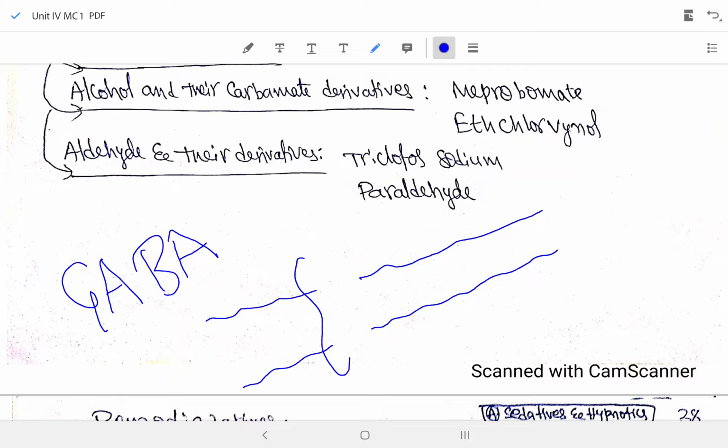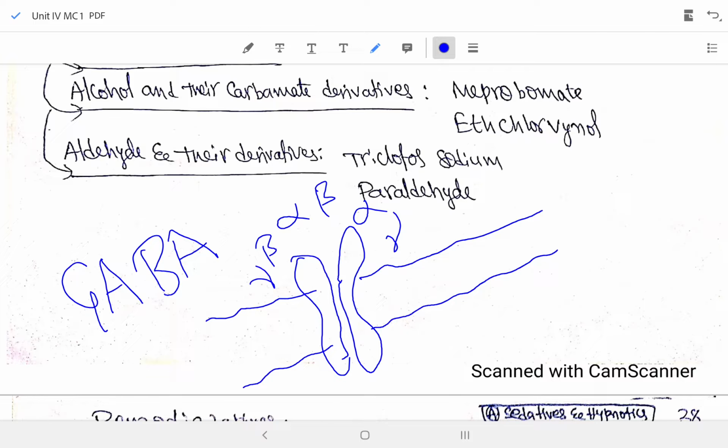And the receptor looks like this, and it will have subunits: alpha subunit, beta subunit, again a repeated alpha subunit and beta subunit. There is also a gamma subunit. The receptor subunits: alpha, beta, gamma. Okay. What is GABA?